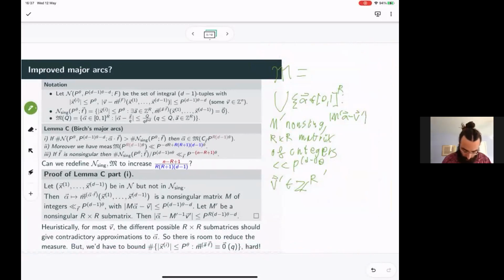Okay, so this thing should go up to this bound that is written here, p to the d minus 1 theta minus d.